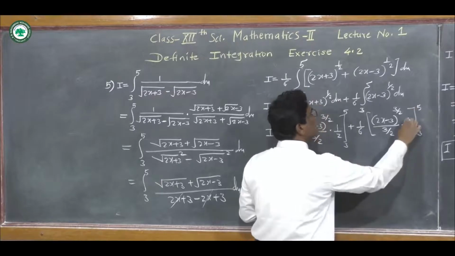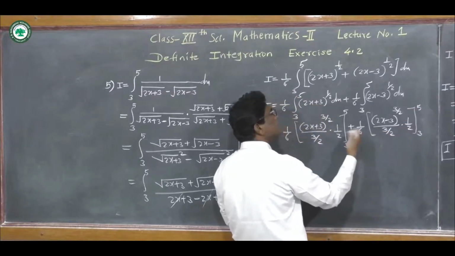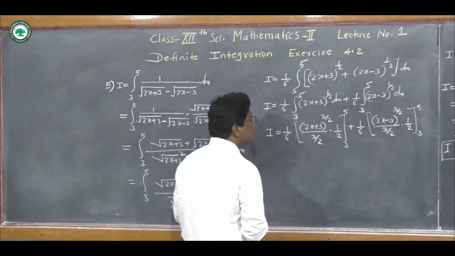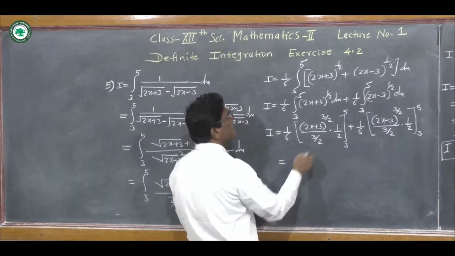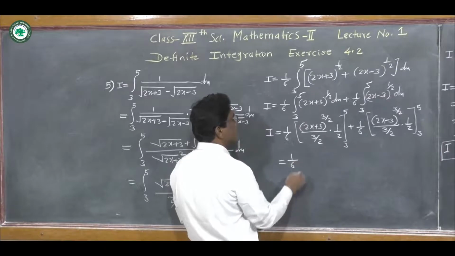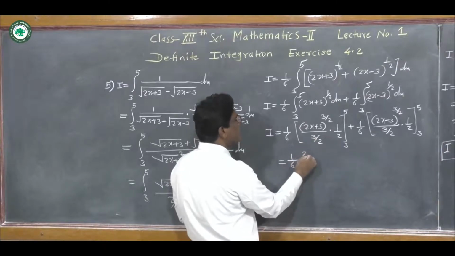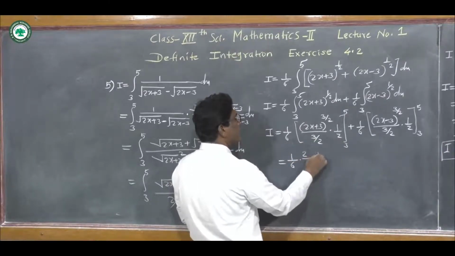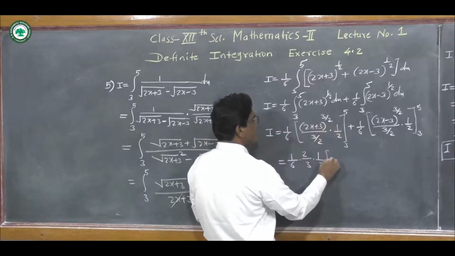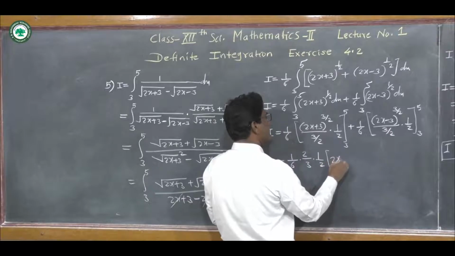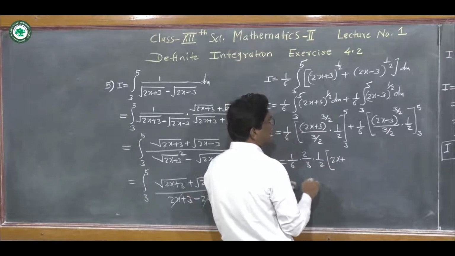Get it? Now take this constant and this constant outside the square bracket, and here also take the constant outside the square bracket. So here 1 upon 6 into 1 upon 3 by 2, we write 2 upon 3. And here this 1 half, and here (2x plus 3).